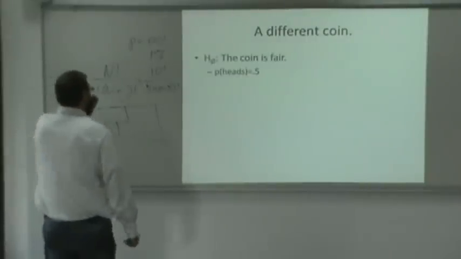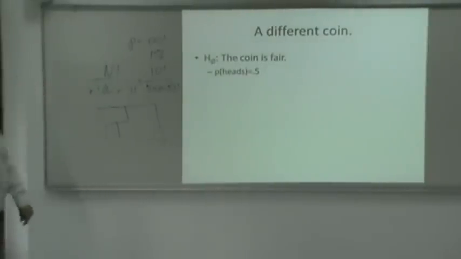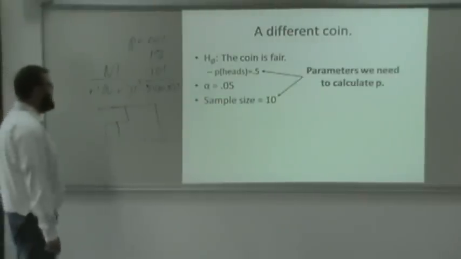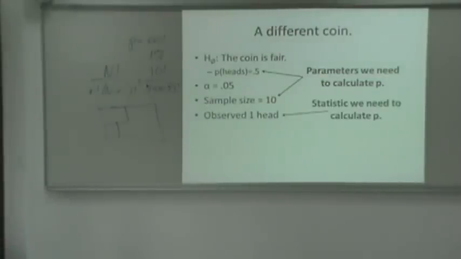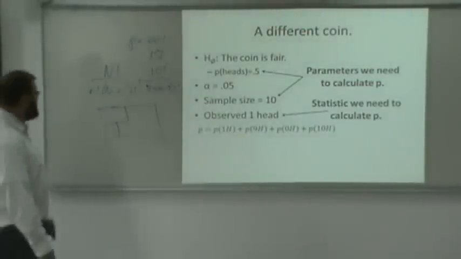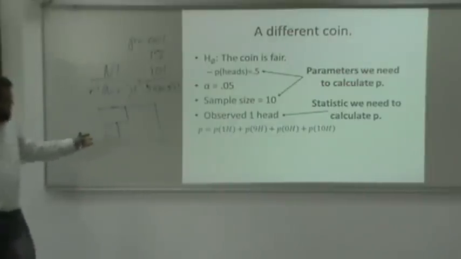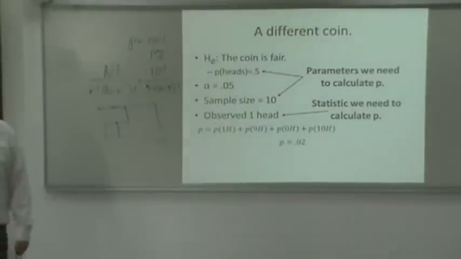A different coin we do it. The coin is fair, probability of heads is 0.5, we've got our alpha of 0.05, and we do a sample size of 10 again. We've got the parameters we need to calculate P. We observe 1 head, that's the statistic we need to calculate P. What's that probability? It's approximately 0.02.